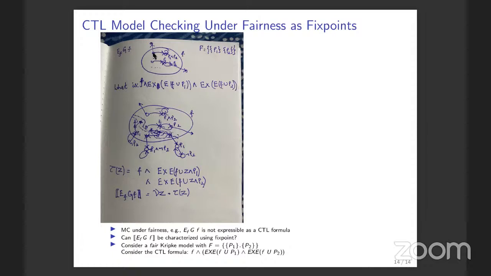So for example, this one is an F state. This circle here includes only F states. So this satisfies F, the starting state of this path.